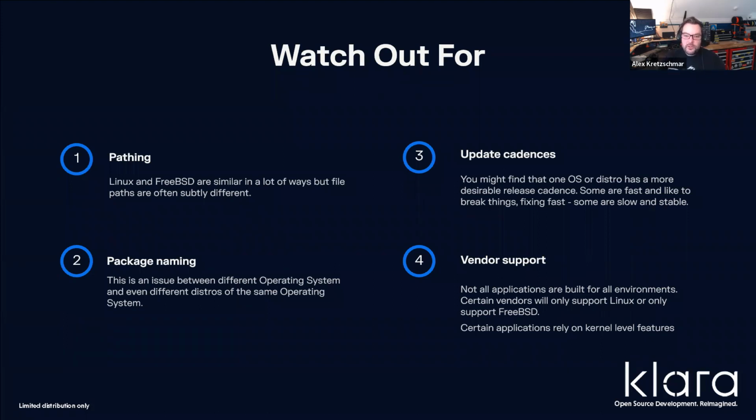On top of that, you've got to be careful that different systems release at different rates. We already touched on the fact that Arch runs at a different pace to RHEL, for example. Some operating systems target stability and some target breaking things and fixing them fast. And you've got to pick the right one for your needs.